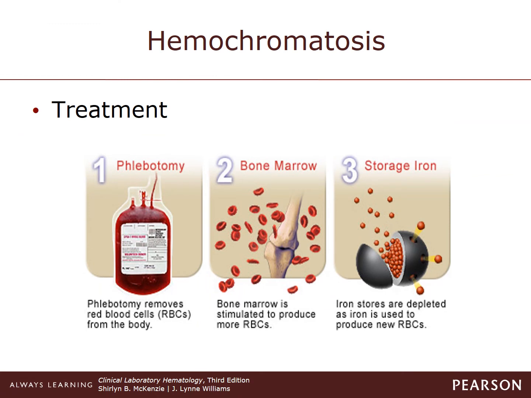The treatment for hemochromatosis is usually a phlebotomy, and each unit removes 250 milligrams of iron for hereditary hemochromatosis. For secondary hemochromatosis, you want to have chelation therapy, which removes the iron, specifically in the transfusion-induced type of hemochromatosis.